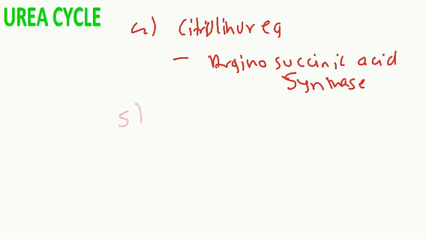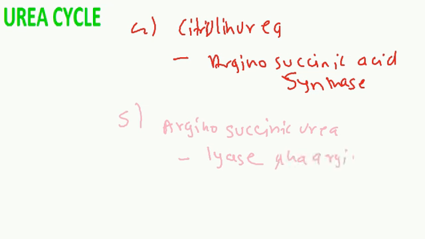Then we have arginosuccinic aciduria, and the enzyme defective here is lyase, as we have seen, arginosuccinase or lyase.